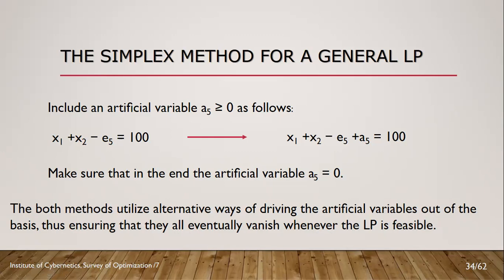Now, one approach is to explicitly minimize the sum of artificial variables, whenever we have a constraint for which I need to introduce an artificial variable. So we minimize the sum of all artificial variables and make sure that the minimum will be equal to 0.